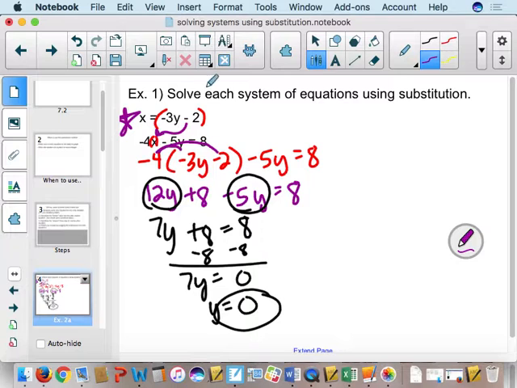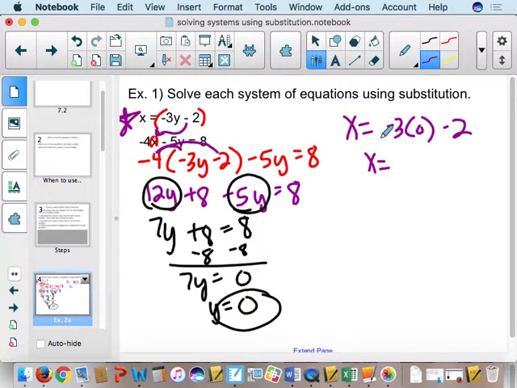So you're going to take 0 and plug it in for y. x equals negative 3 times 0 minus 2. So x is already by itself. 3 times 0 is 0, and 0 minus 2 is negative 2.